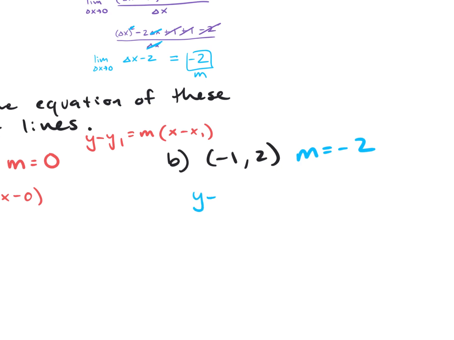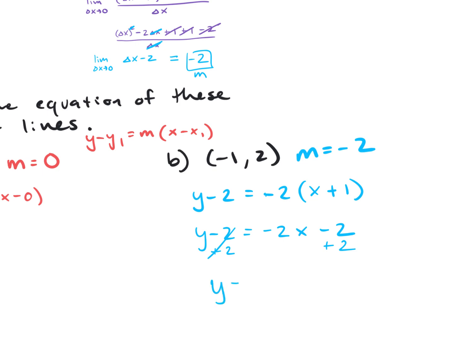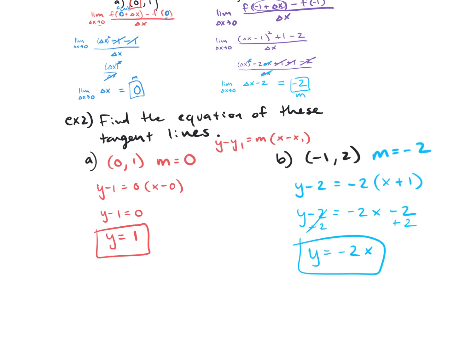So y minus y1, which is 2, is equal to -2 times x minus -1, which will turn into plus 1. So y minus 2 equals -2x minus 2. If I add 2, we get y equals -2x. So that would be our equation of the tangent.